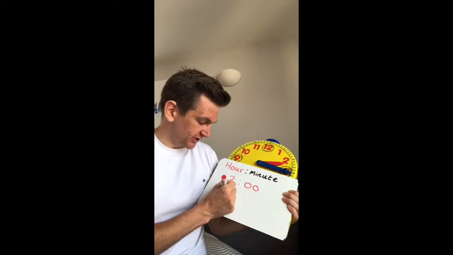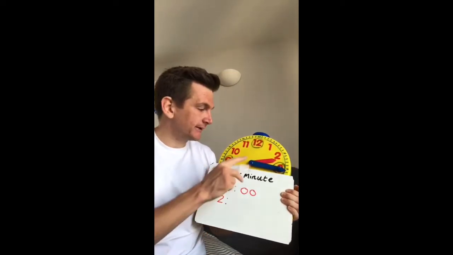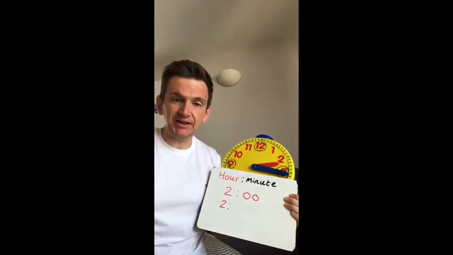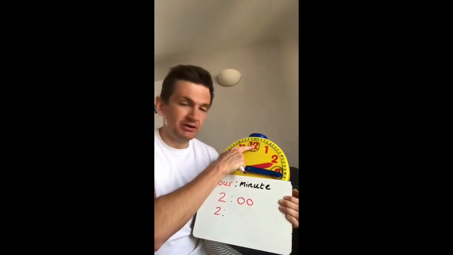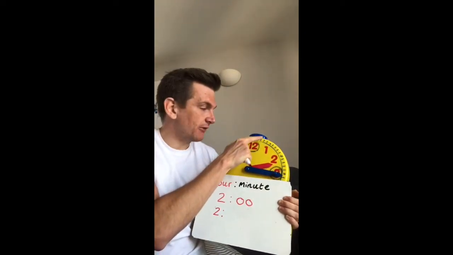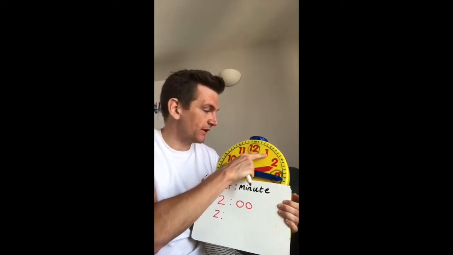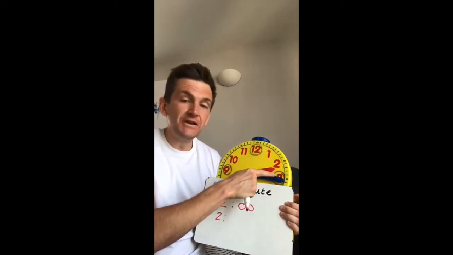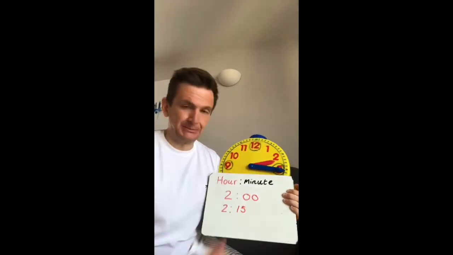So I would write a 2, followed by my colon, my dot dot, okay? And then how many minutes have I gone into my second hour? Okay, now this can be the tricky part. So I start here where it's 0 minutes. And remember, we're adding on 5 every number we get to. Okay, so it'll be 5, 10, 15. Okay, so it'll be 2, 15.